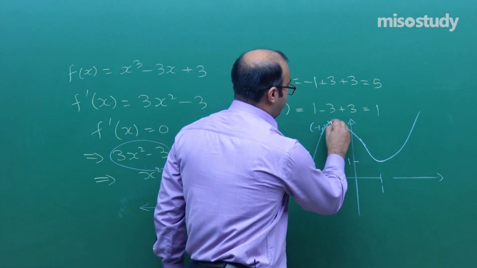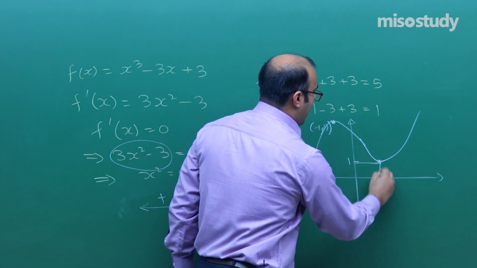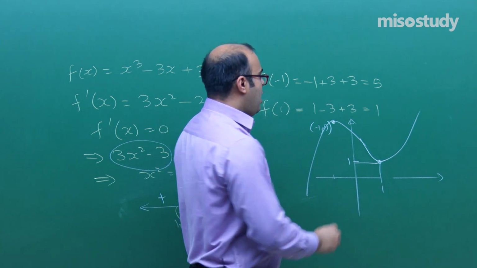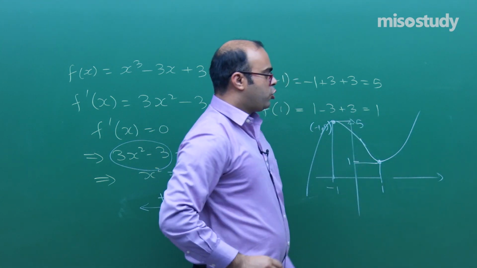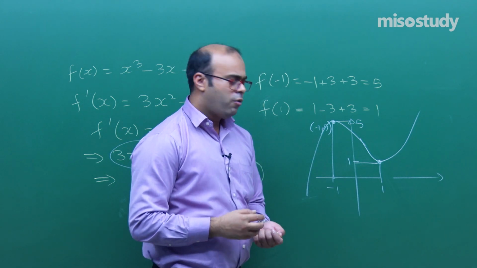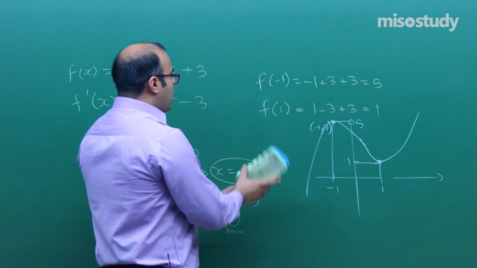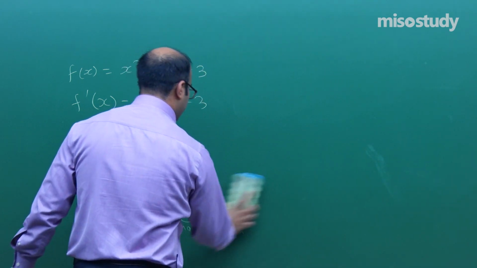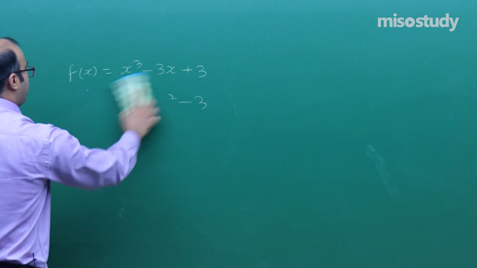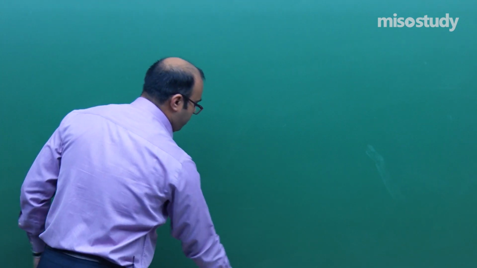So this is the maxima, this is the minima. At 1 the local minimum is 1. At minus 1 the local maximum is 5. So this is how it is also helpful for us to draw the graph. There are many other things which also help us to draw the graph, like concavity and convexity, but we are not going into that. Right now we have to understand maxima and minima.